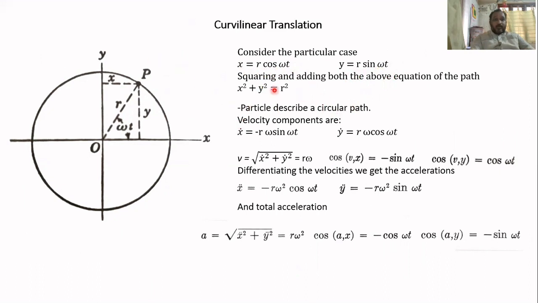Squaring and adding, we get x square plus y square is equal to r square, and the motion represents a particle described in a circular path, and v is equal to r omega, and the direction cosine in the x direction is minus sin omega t, and the direction cosine in the y direction is equal to cos omega t.